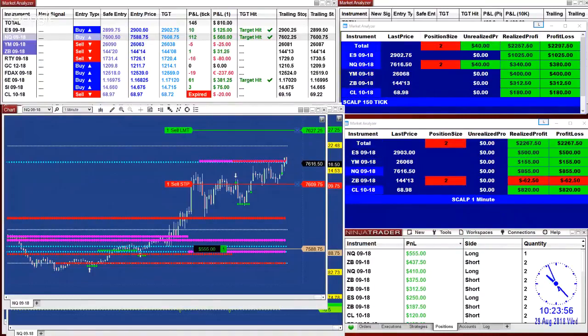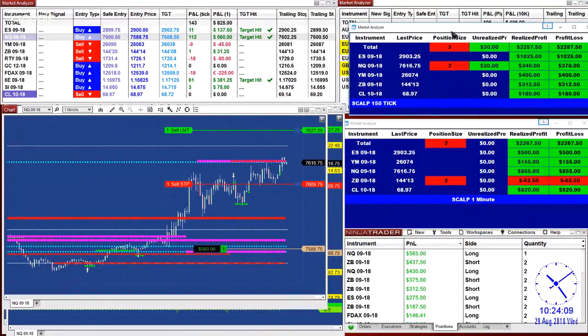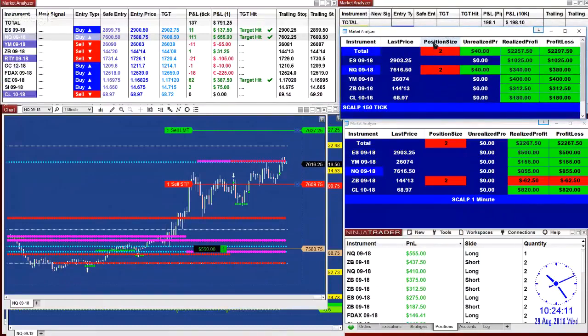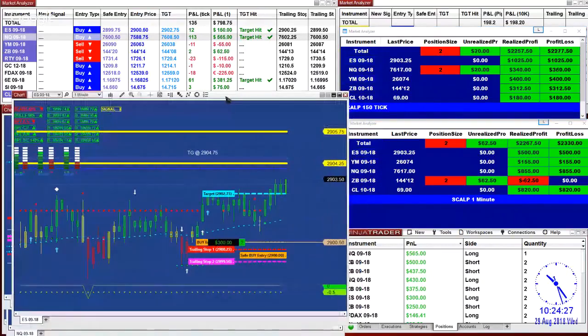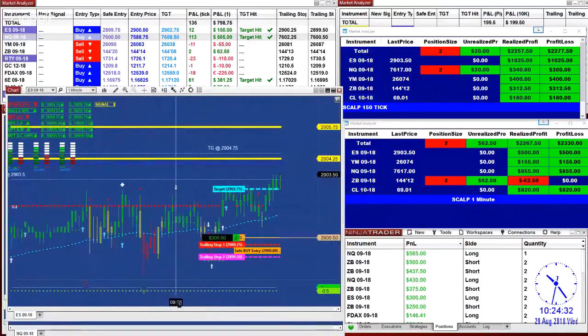If we notice on the scalpers, both of them are almost at the same numbers, the 1 minute and the 150 ticks. It seems like the ES is climbing to the 904, but I will not recommend you take any more long trades on the ES. The price action has taken that trade on the ES.